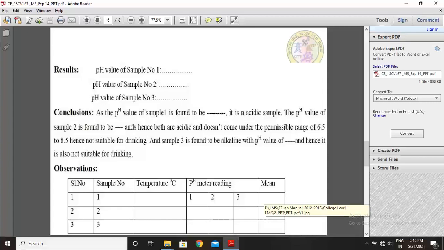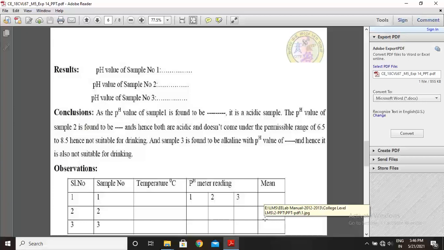As the pH value of sample 1 is found to be this much, it is an acidic sample. The pH value of sample 2 is found to be some value, and hence both are acidic and do not come under the permissible range of 6.5 to 8.5, hence not suitable for drinking.